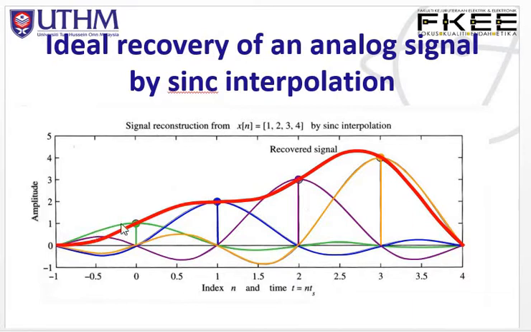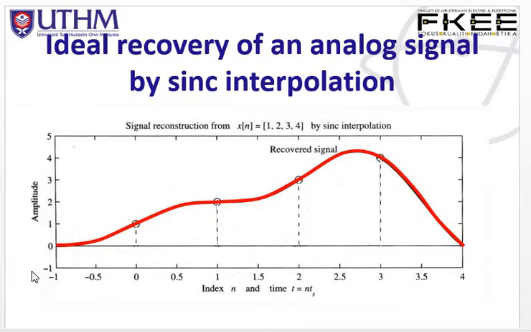And lastly, the orange one has a peak of 4 at n equal to 3. Therefore, at each sampling instant, the sample value x(n) is replaced by a sinc function in which the peak value equals x(n) and the zero crossing occurs at all other sampling instants.